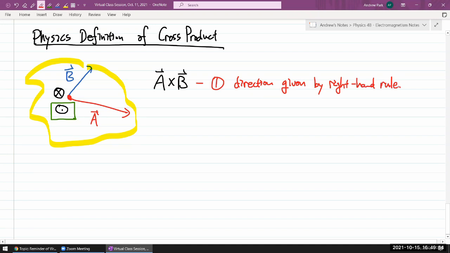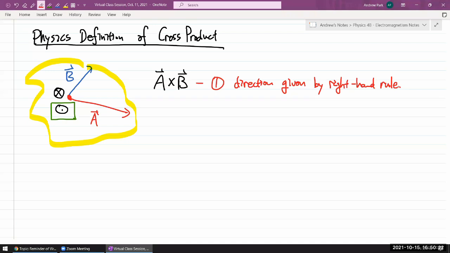That's one. And now, the physics definition of cross product comes in two parts, really because the cross product gives you a vector back. And whenever you are specifying a vector, you need magnitude and direction. This is in contrast with the dot product.